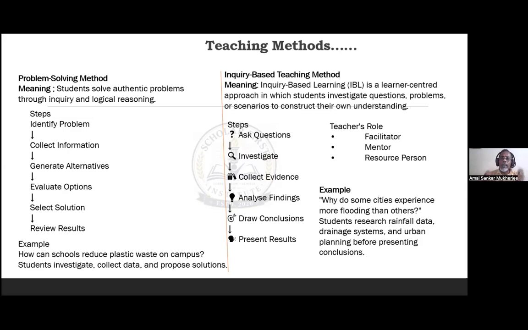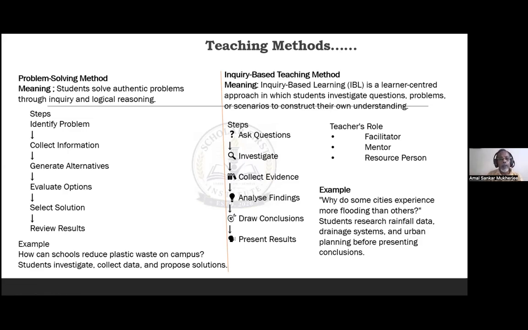What are the steps to be followed in the inquiry-based teaching method? First, ask questions, then investigate, then collect evidence, then analyze findings, draw conclusions, and present the results in front of the teacher.